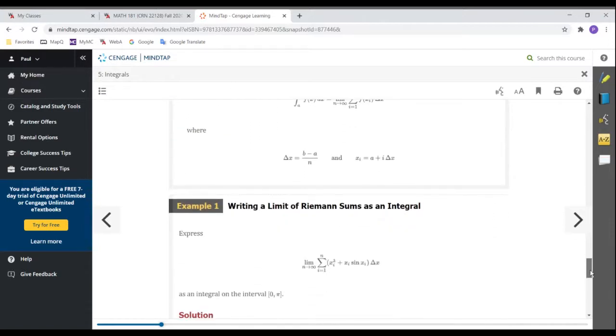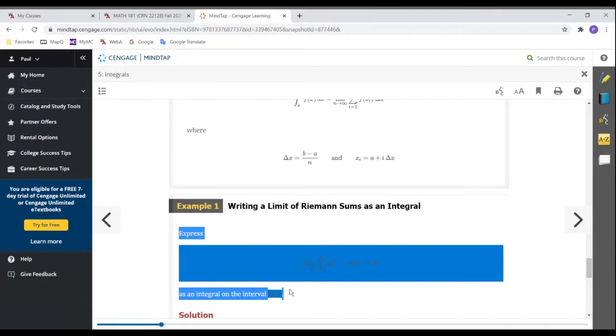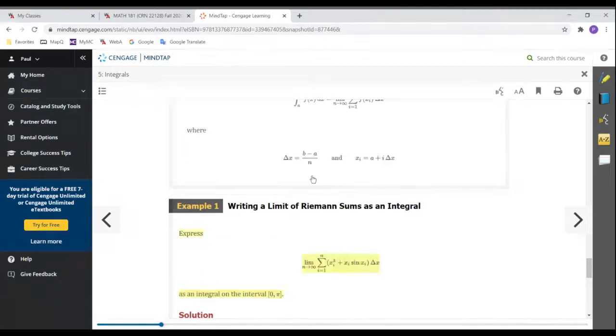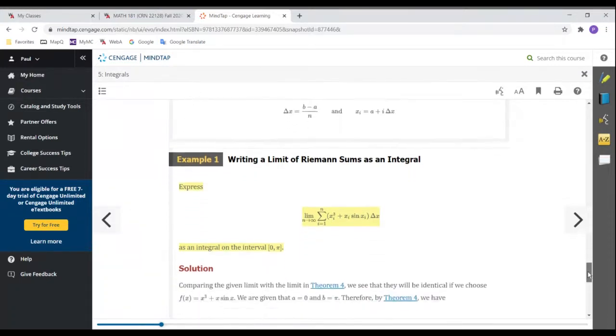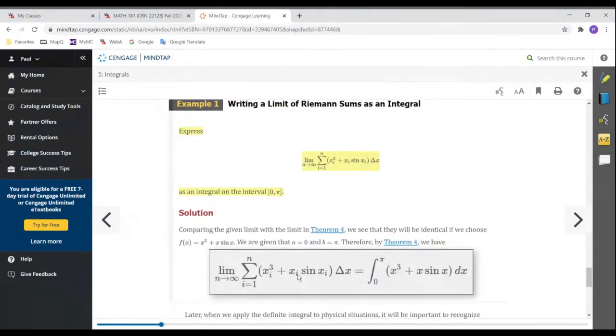Like in example 1 here, they say write a limit of a Riemann sum as an integral. They want you to express the limit of this Riemann sum as an integral. Here's the solution.